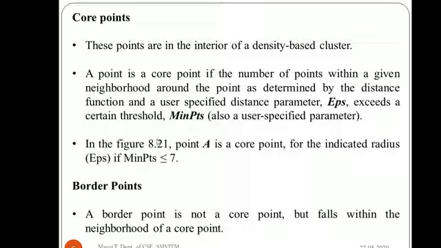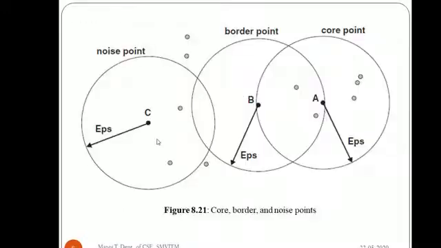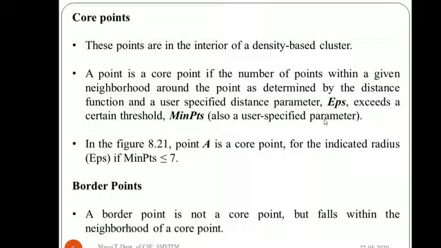The reason: within the indicated radius EPS, the number of points is 7, which is greater than or equal to MinPts, 1, 2, 3, 4, 5, 6, 7. That's why it is a core point.